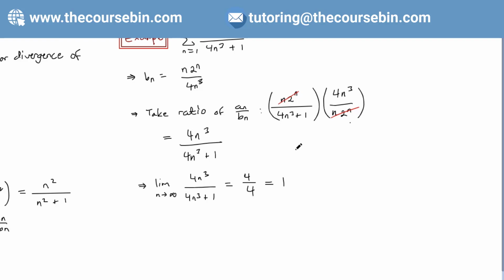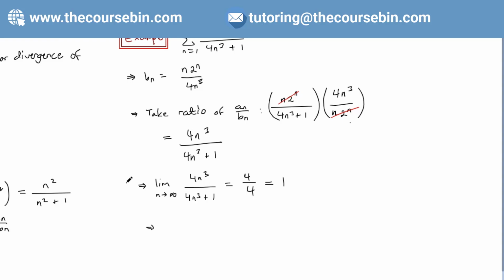Right, so our limit is positive and finite, which means that either both of the series that we created converge or both of them diverge. Okay, so what's our next step here?